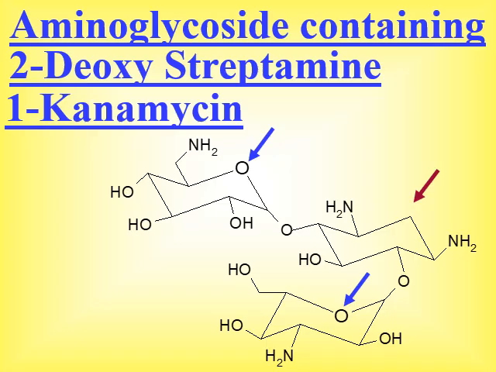This kanamycin is obtained from Streptomyces kanamyceticus. It is unstable to the R factor. As you see here, the amino group can be acylated and the hydroxyl group can be phosphorylated and adenylated. So we solve this problem by semi-synthetic product.